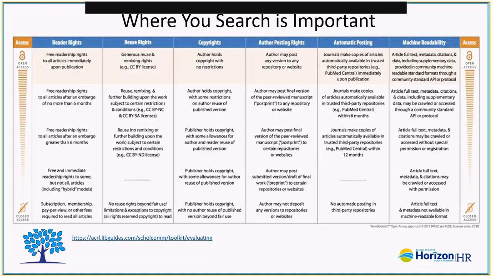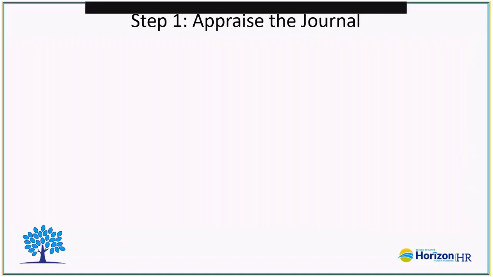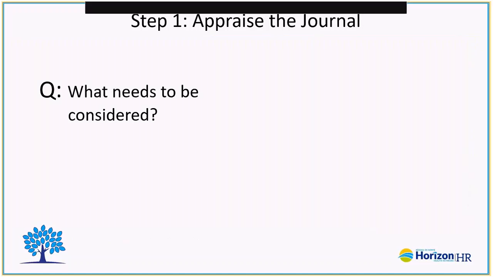So, heading on to appraising the journal. A key question that I think is overlooked and people need to keep in the back of their mind is what needs to be considered when you're looking at the source of the content you want to use.